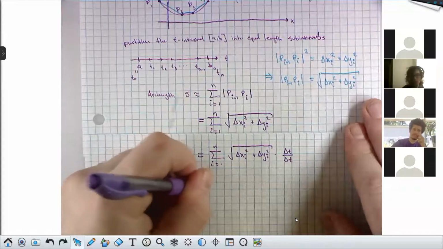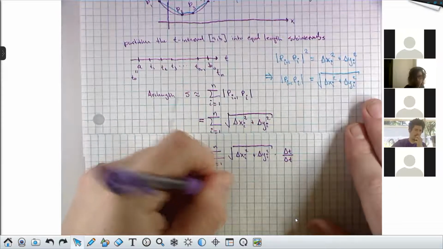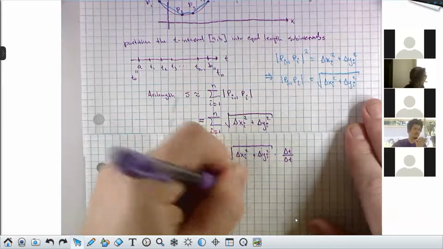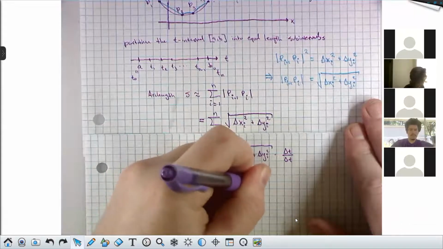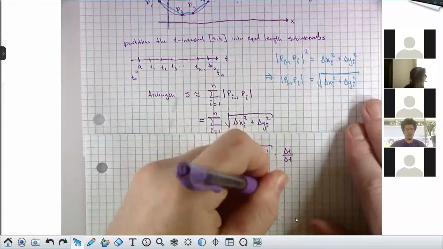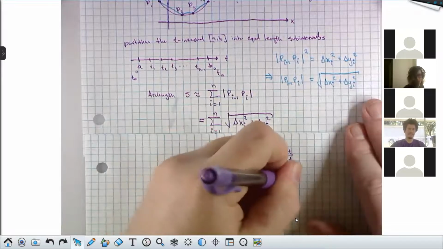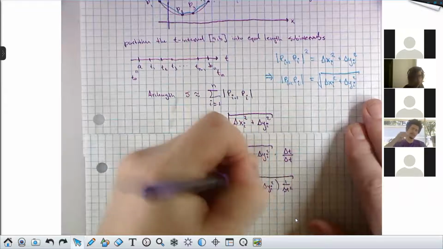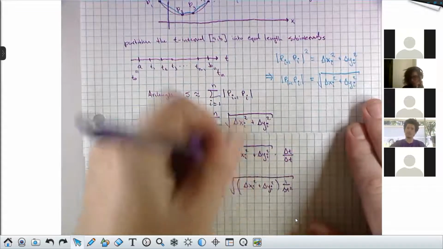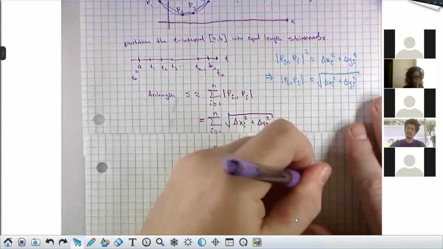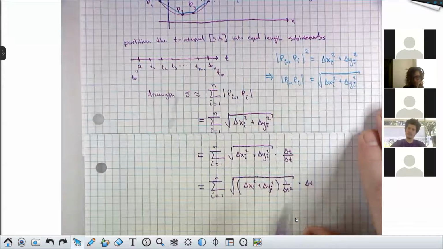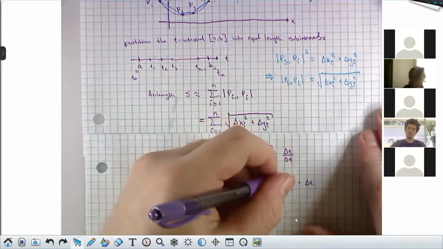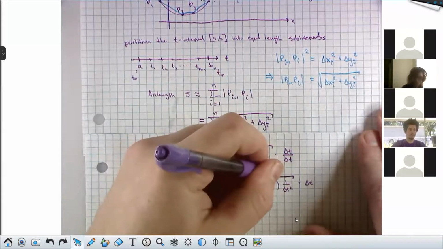So this is the same as the sum, i from 1 to n, of the square root of delta xi squared plus delta yi squared, times 1 over delta t squared. And then the delta t that was upstairs stays outside the square root as delta t. So this delta t downstairs came inside the square root as delta t squared. Everything else stayed the same.